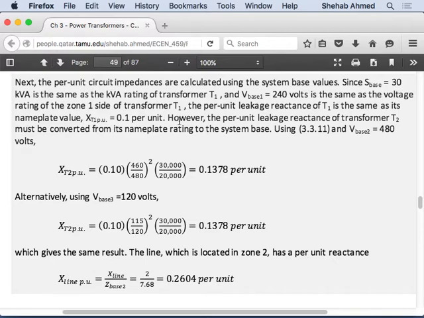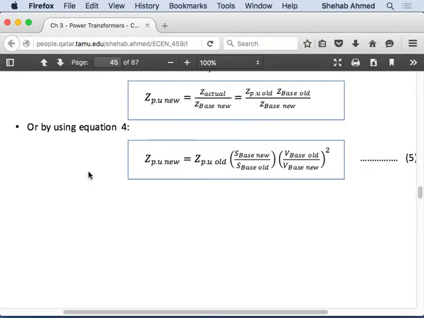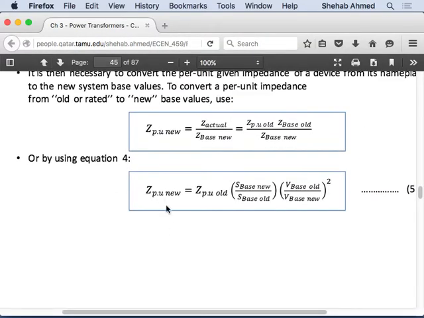However, the per unit leakage impedance of transformer T2 must be converted from its nameplate rating to the system base. Because remember, the power base was different for the transformer. The rating of the transformer was different than the system base that we chose. So we have to do the change of base. We go back to the change of base equation. It says Z per unit new is equal to Z per unit old times the ratio of the voltages, squared, times the ratio of the powers.